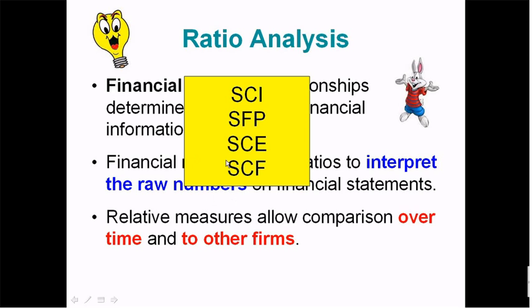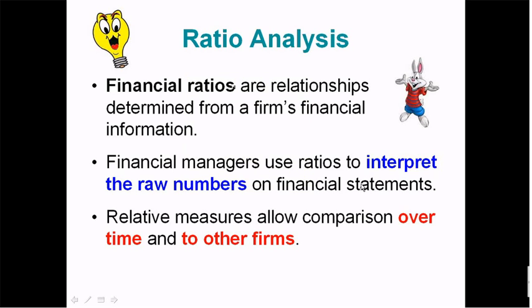And lastly, we also learned the Statement of Cash Flows, which has 3 different types of activities. We have operating, investing, and also financing activities. So from these 4 types of financial statements that we learned last week, today we will look at how we use ratio analysis to interpret all those figures by forming relationships between 2 or more figures.